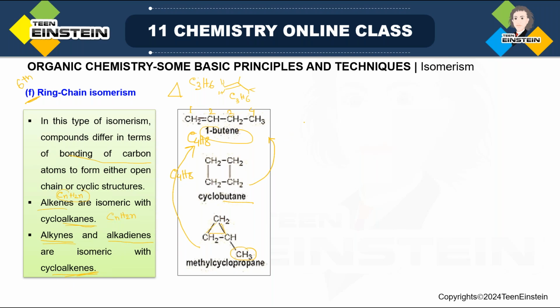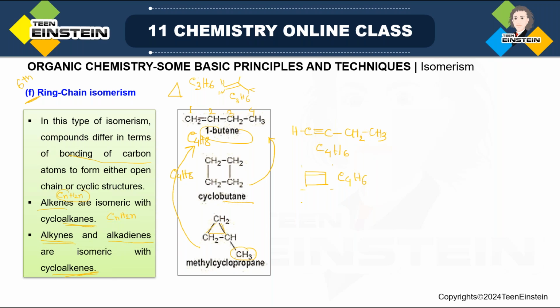Now, an example is, suppose I am having HC triple bond C. What is the formula here? C4H6, right? Now, keeping the carbon the same, suppose now I am drawing a ring. It is C4H8, but if you place a double bond, then only it becomes H6. 2 hydrogen, 2 hydrogen, 1 hydrogen, 1 hydrogen.